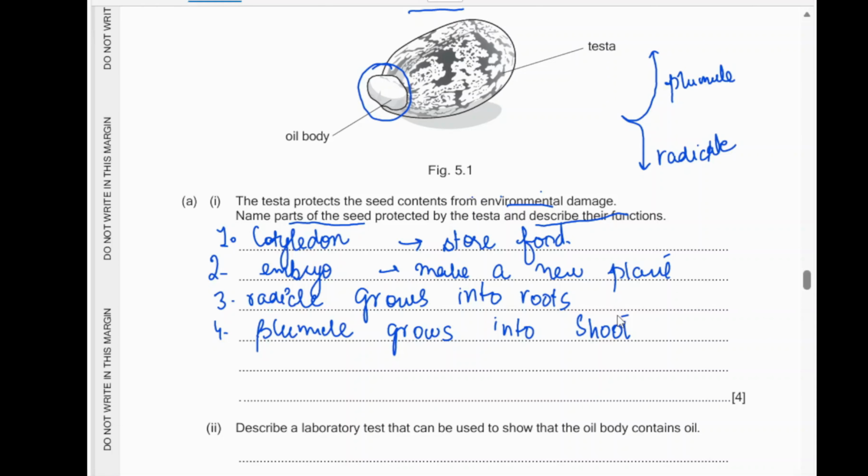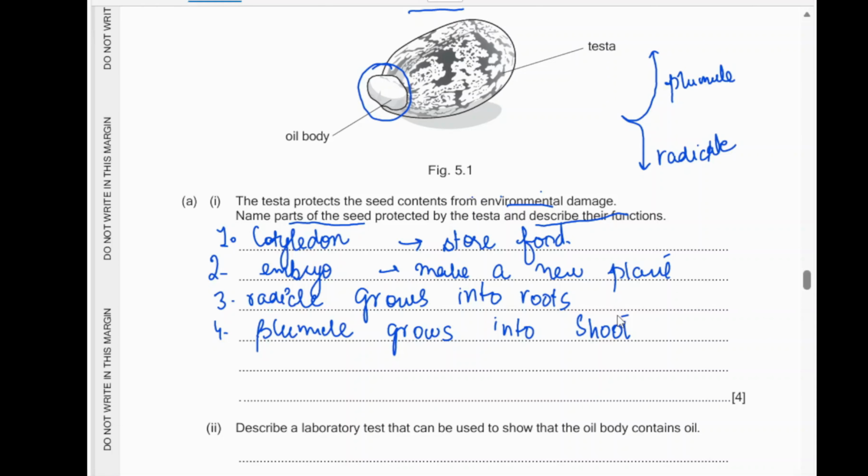Shall we move to the next one? I guess you'll be able to learn these four parts. These are not tough. So the cotyledon stores food, it develops into the embryo, and the embryo develops into a new plant. Then the radicle moves down and grows into the root, while the plumule moves up and forms a shoot or stem. What is the laboratory test for oils?